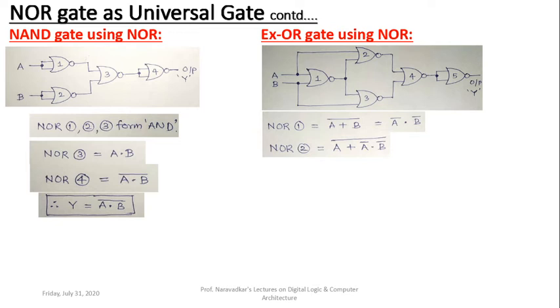There is one distributive law: P plus QR is equal to, inside one bracket, P plus Q, bracket complete, dot, inside the second bracket, P plus R. So this particular law, the distributive law, we can use here.